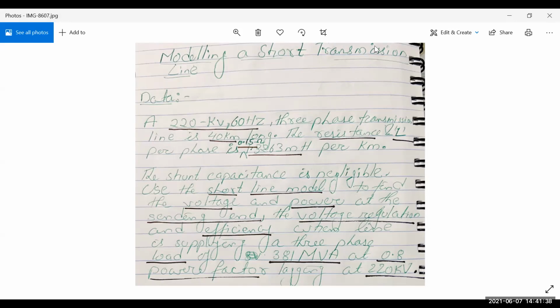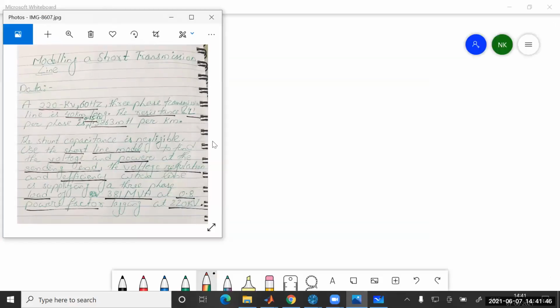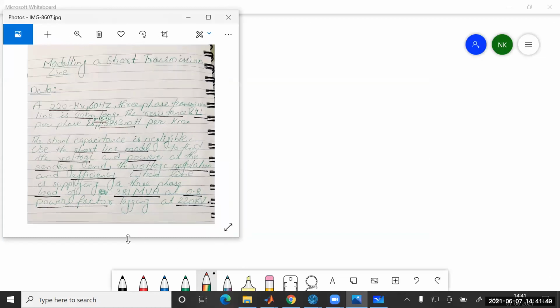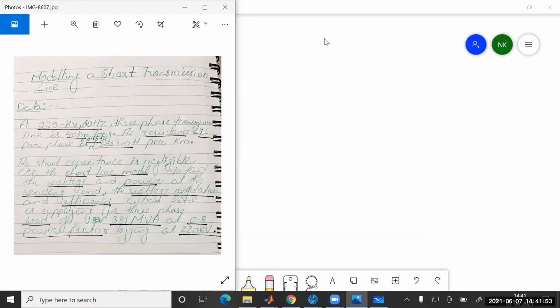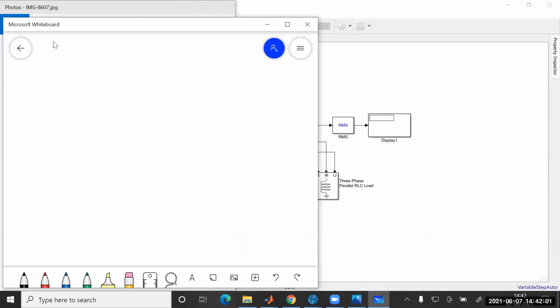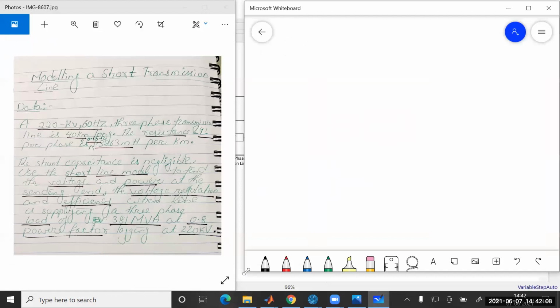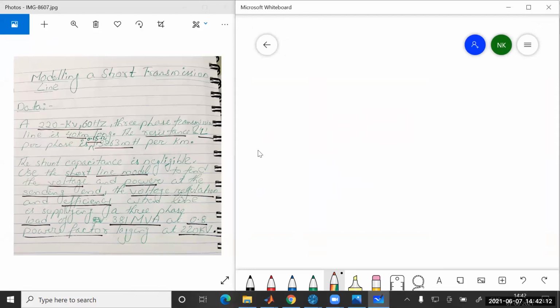Now you are able to see two things in parallel: one is the whiteboard and another is the question.